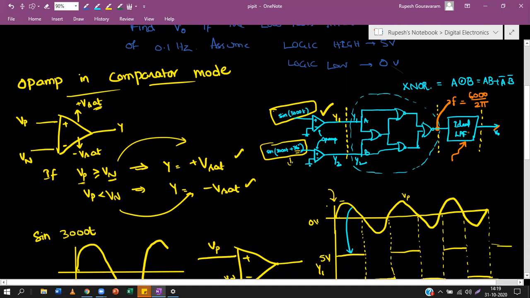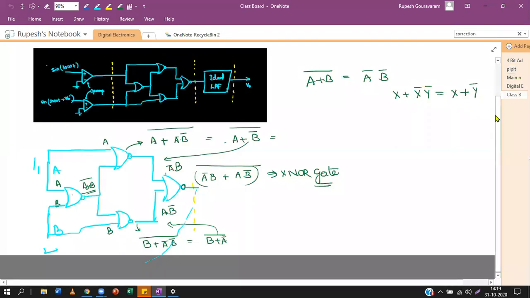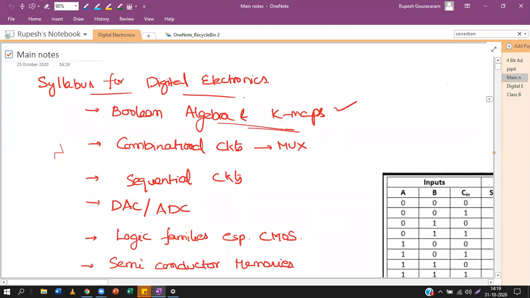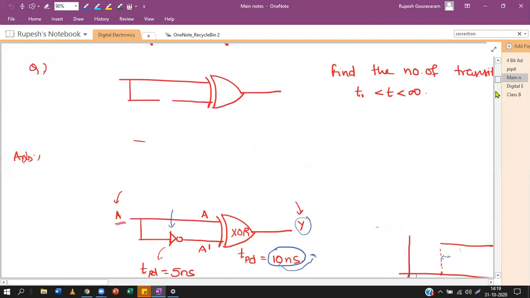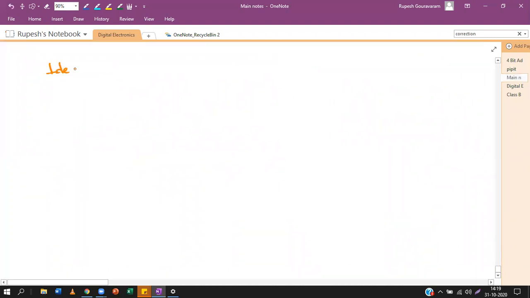When it is passed through an ideal low pass filter, now we should know about the low pass filter. What is a low pass filter actually?